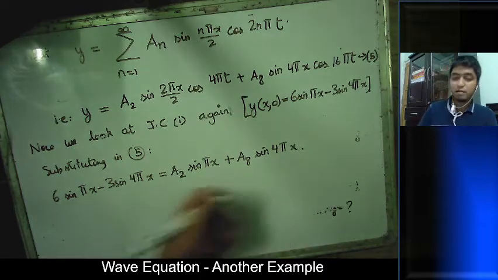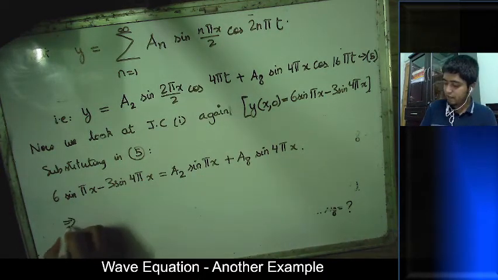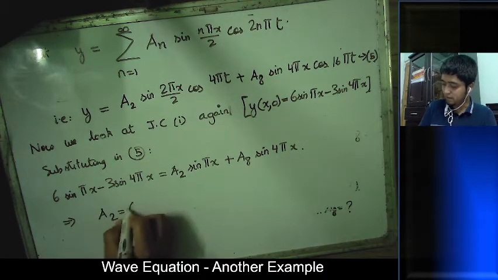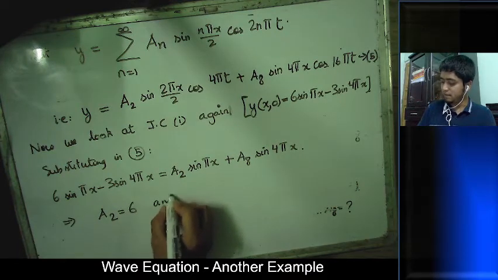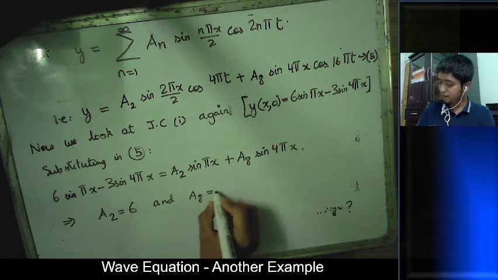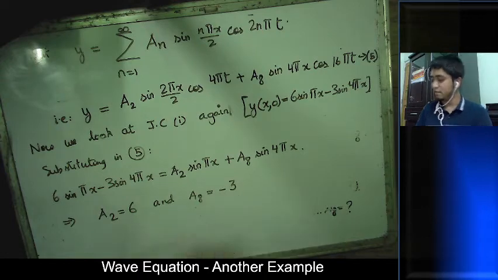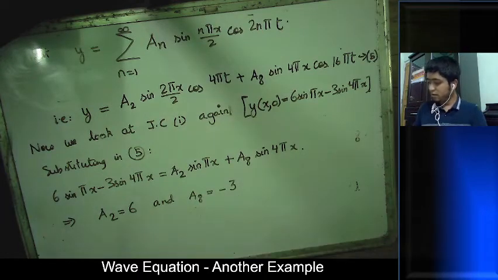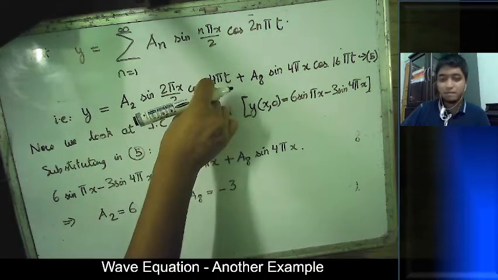If you compare, you will have that a₂ equals 6 and a₈ equals minus 3.